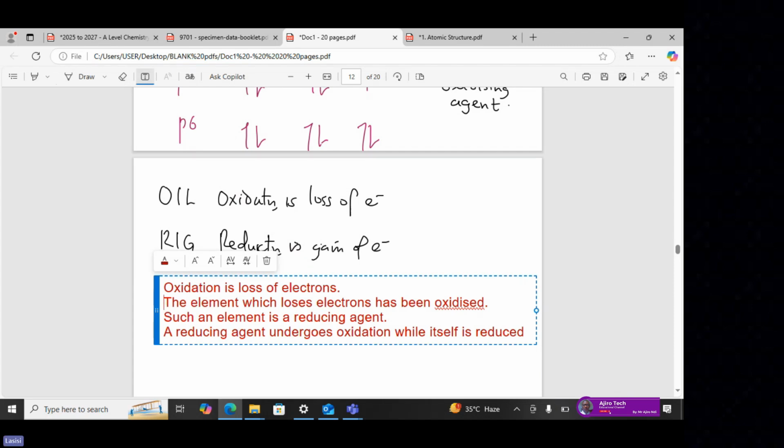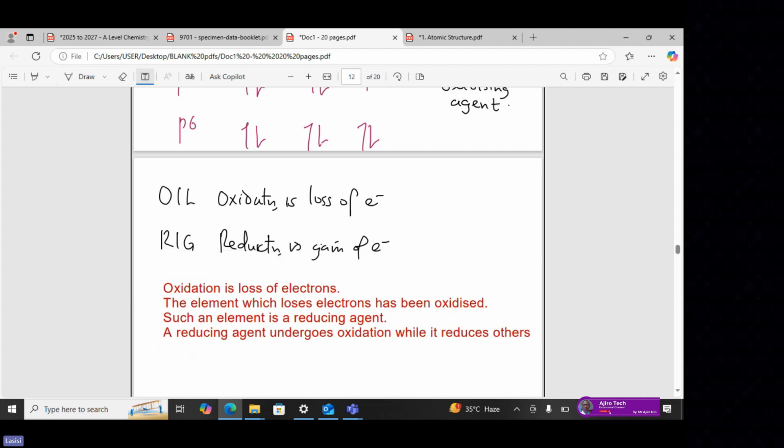A reducing agent undergoes oxidation while it reduces others. That's the right way to say it. I got that wrong before, but look at it now.